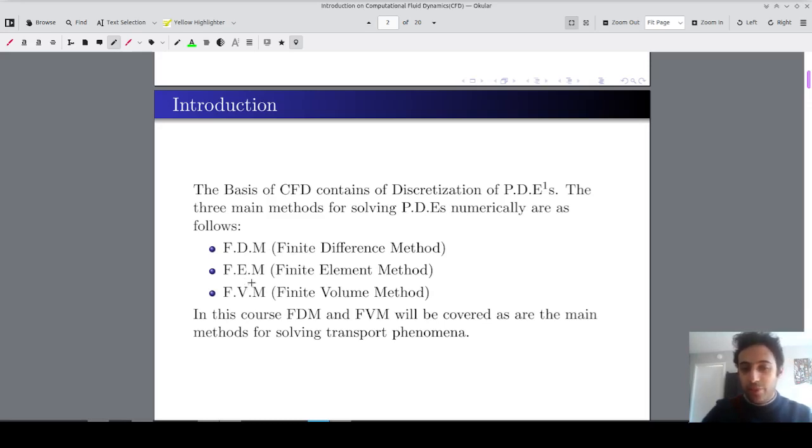While FEMs are important methods to be used in fluid dynamics, they're not covered because they're mostly related to strength of materials, statics, and mostly solid courses. And nowadays, FEMs are not used in fluid dynamics.